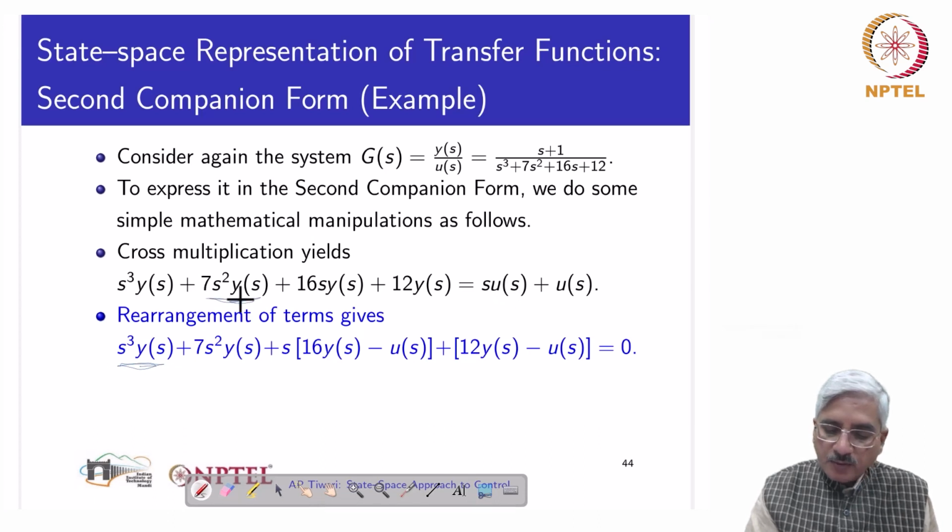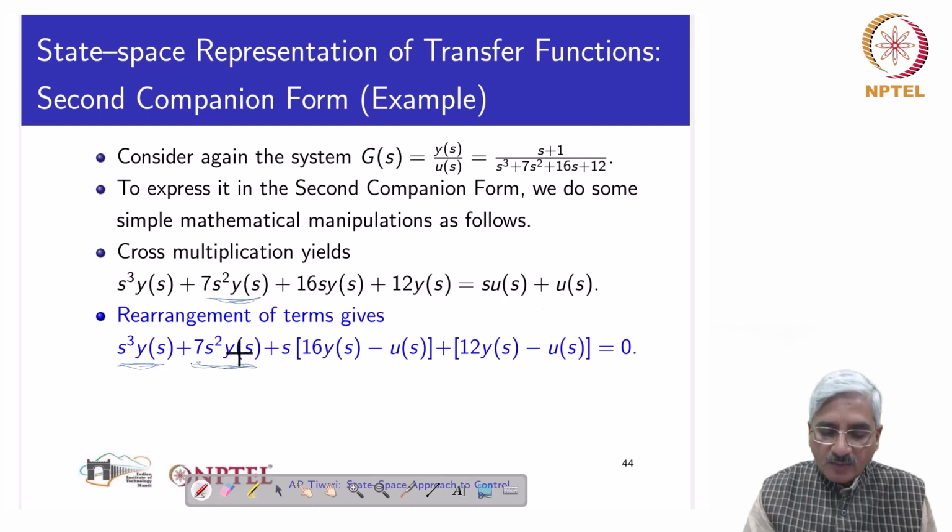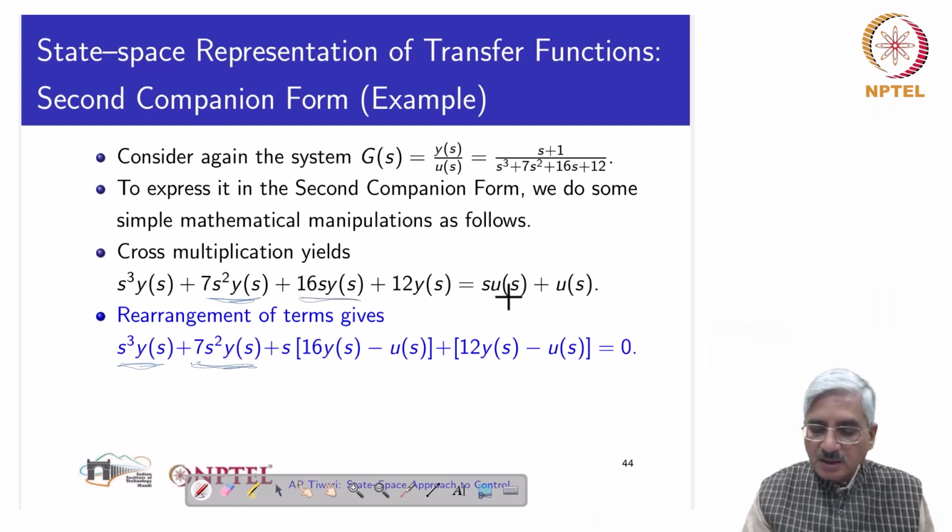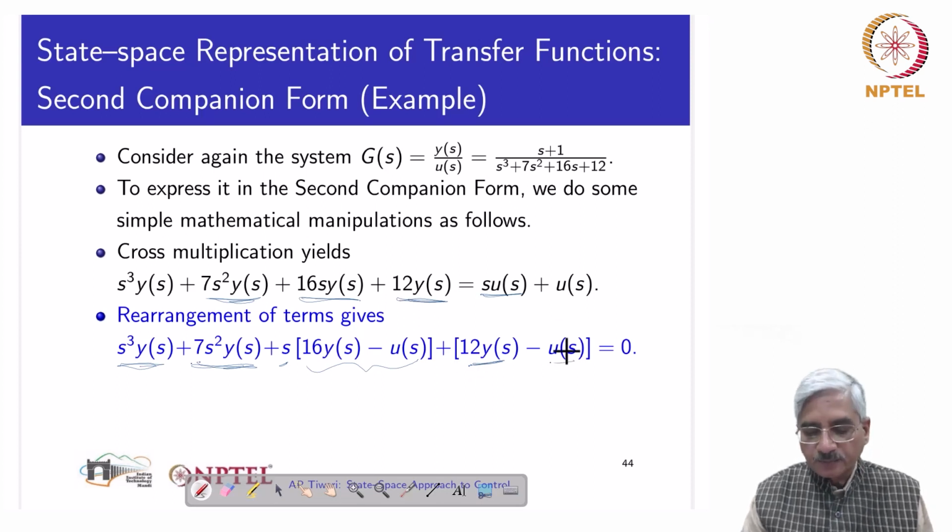Similarly, the s square term is not there with U, so we keep this also alone. However, we have sY and sU, we bring them together, so we will have 16Y minus U with s taken out, and the constant term without s power, 12Y and U, they are put together.